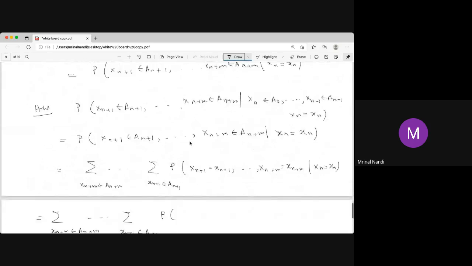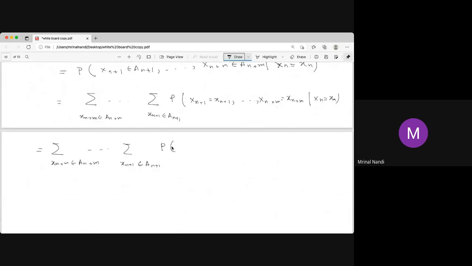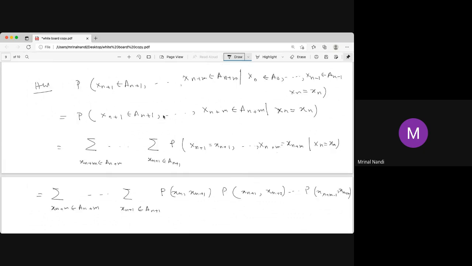It is a product of transition functions, starting from x_n to x_{n+1}, then the transition function from x_{n+1} to x_{n+2}, and the last one is x_{n+m-1} to x_{n+m}. Now this summation, this is an outline.